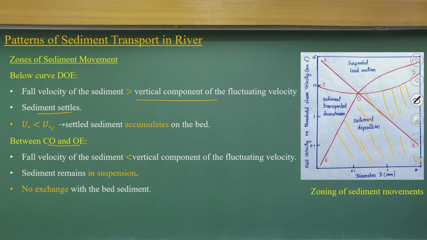Now the region between CO and OE. What actually happens in this region is that the fall velocity is lesser than the vertical component of fluctuating velocity.